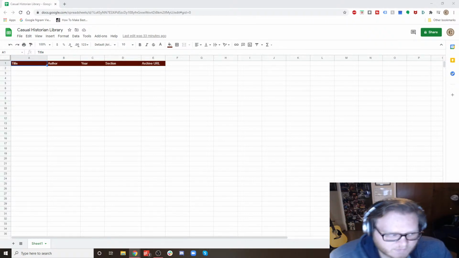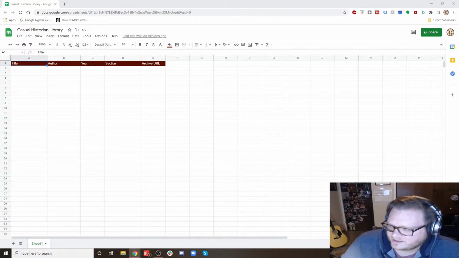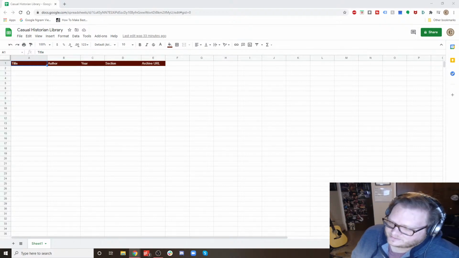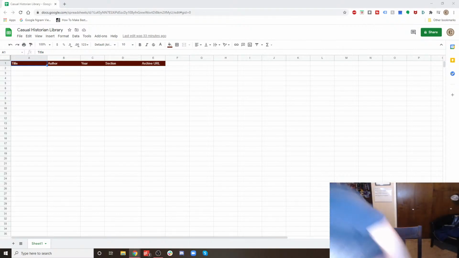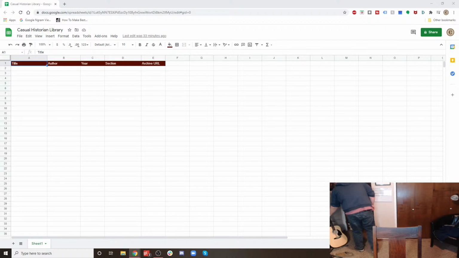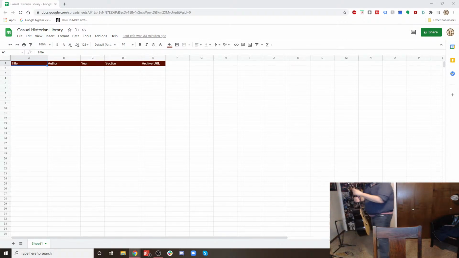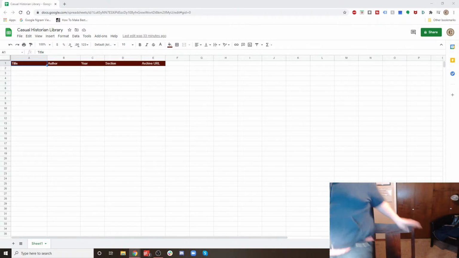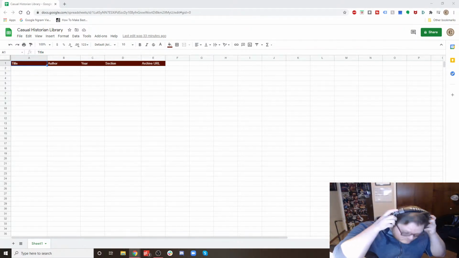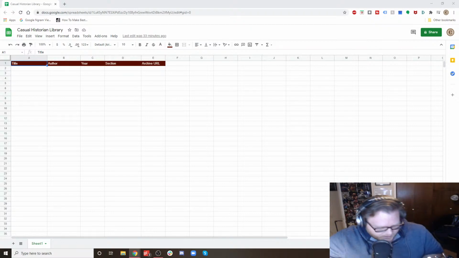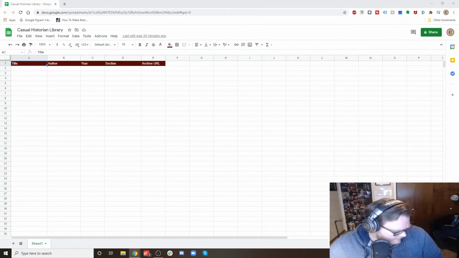Someone's asking what guitar that is back there behind me. That is an acoustic from, let me double check here. Yeah, this is a Squier Fender acoustic.